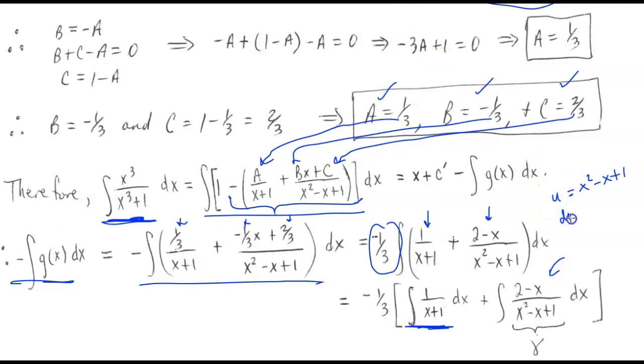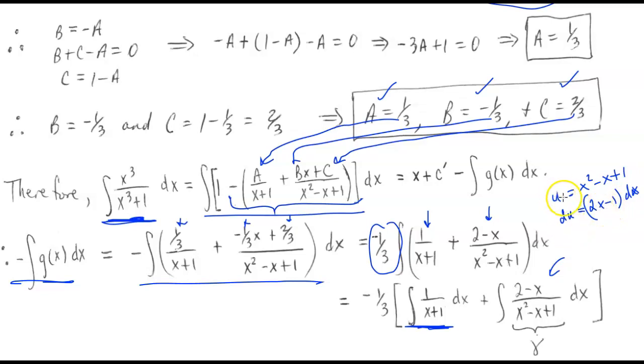But of course, du in this case would be 2x minus 1 dx. And the problem that I have here is that I don't have a 2x minus 1 dx here, or anything that looks remotely close to it. So I'm in a situation where I have some problems, okay?